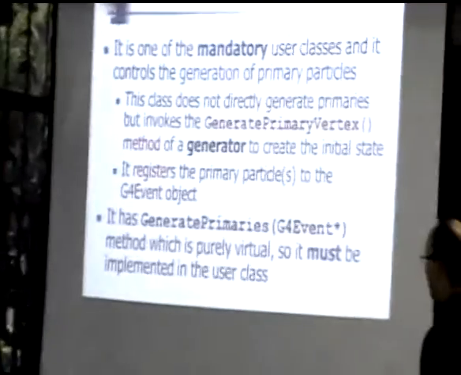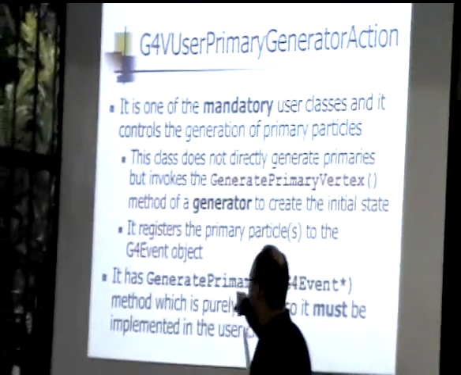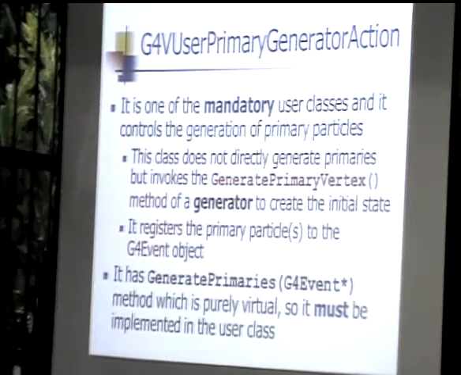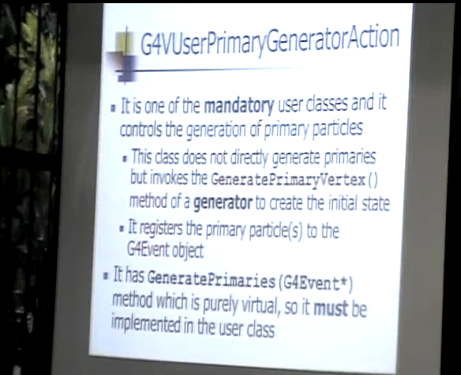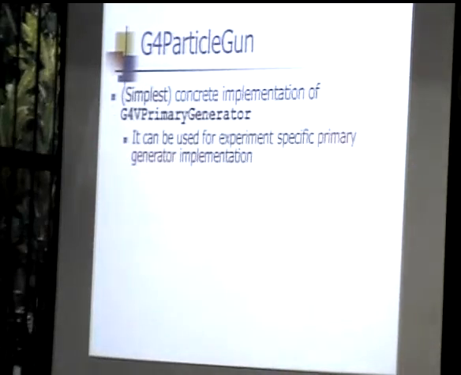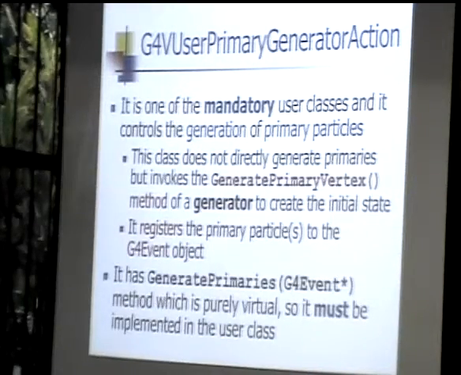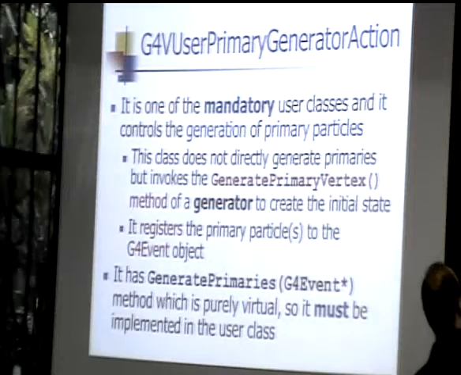So I was saying, the method which must be implemented in your class is called GeneratePrimaries, and it is mandated to create the initial state. It is done through a primary generator. There are a few of them, but basically two are used.